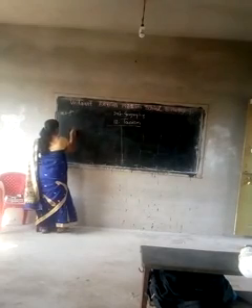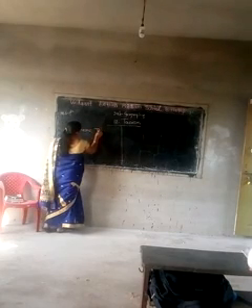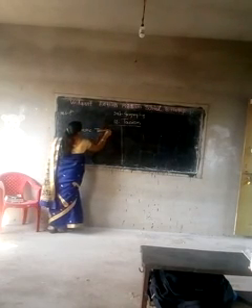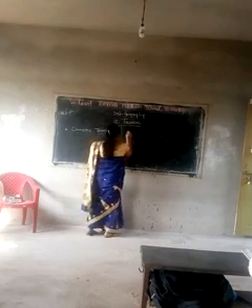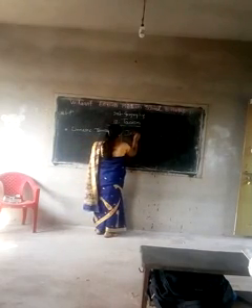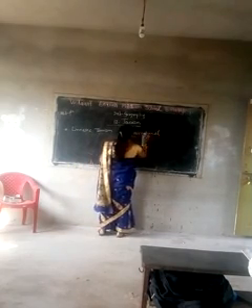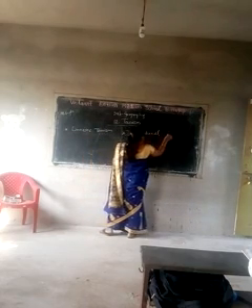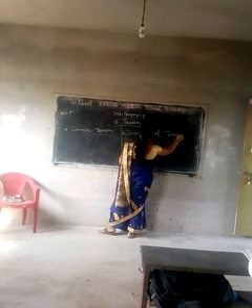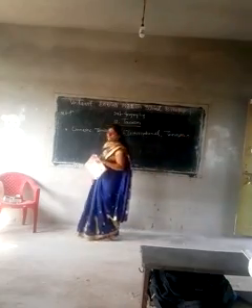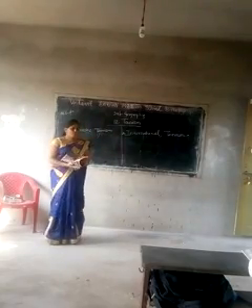First type is domestic tourism and second is international tourism. You understand two types of tourism. First is domestic tourism and second is international tourism.